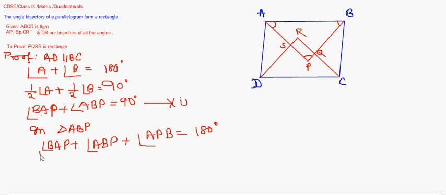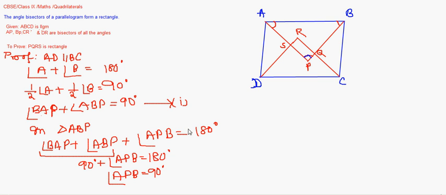So this we can substitute as 90 plus angle APB as 180 degrees. So angle APB is 180 minus 90, that is 90 degrees. This angle I have now proved to be 90. I'll mark it as 90 degrees.